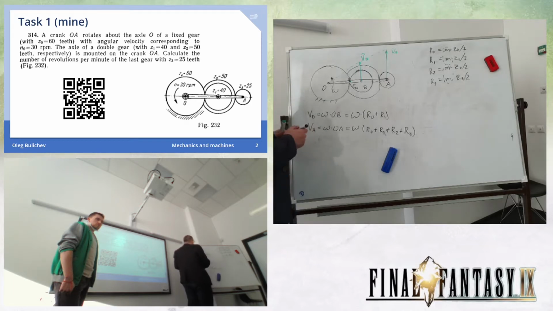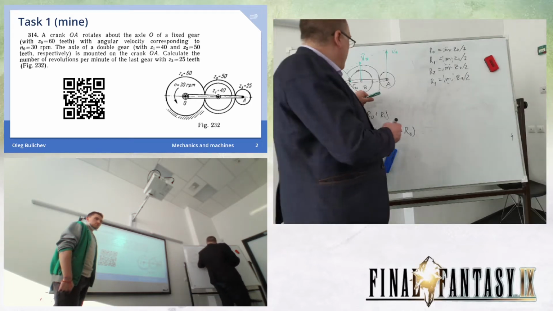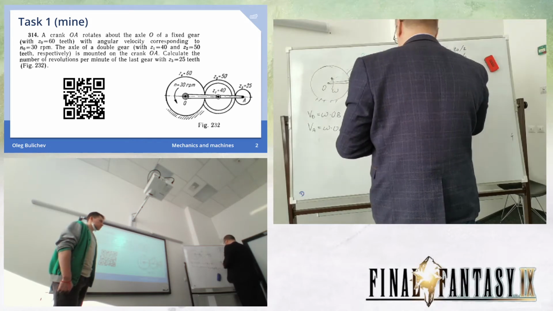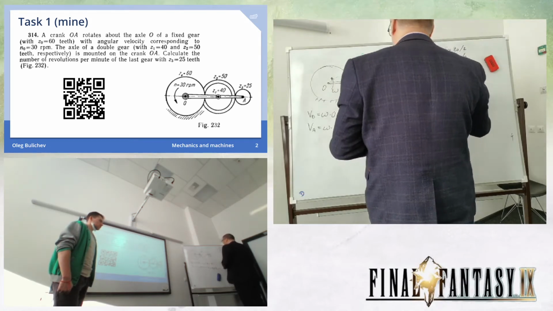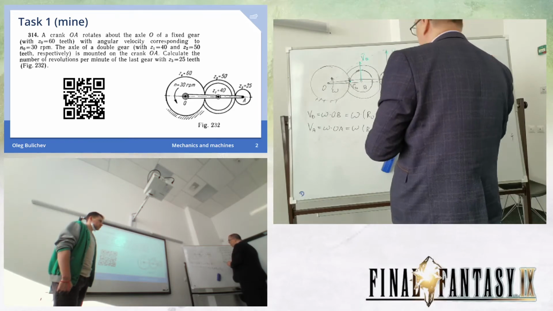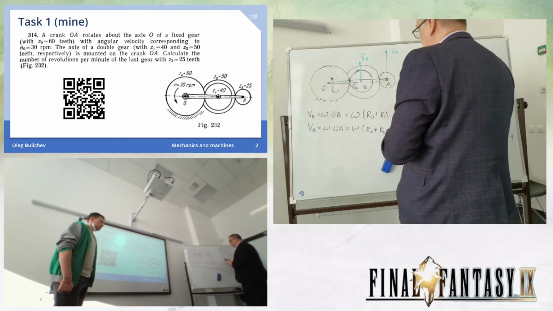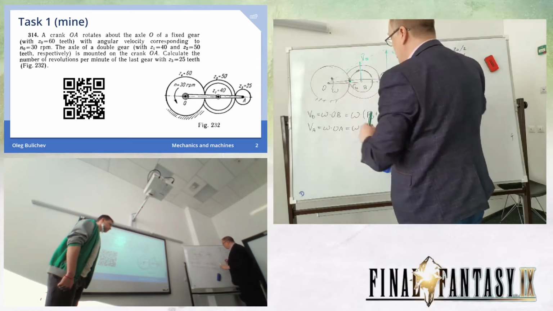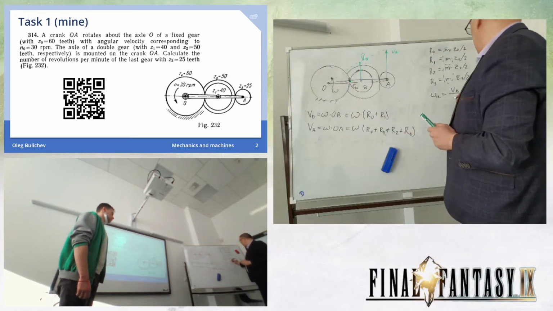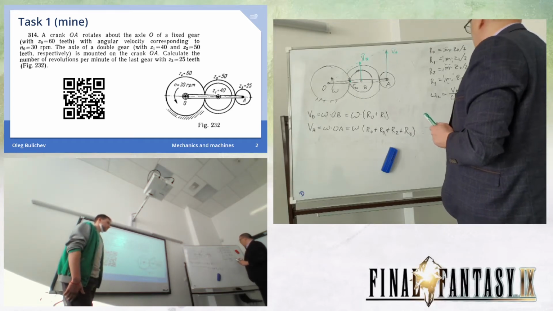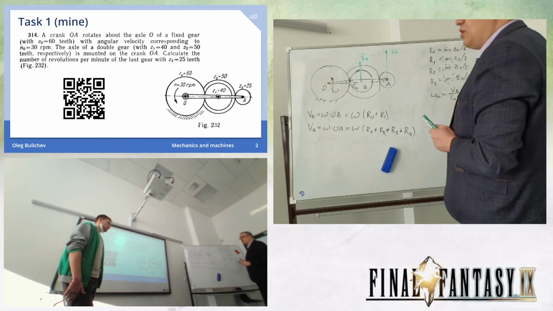The angular velocity of this gear, omega 1,2, is the velocity of point B divided by the distance between point B and the instantaneous center of velocities, C12 B, or VB divided by R1.